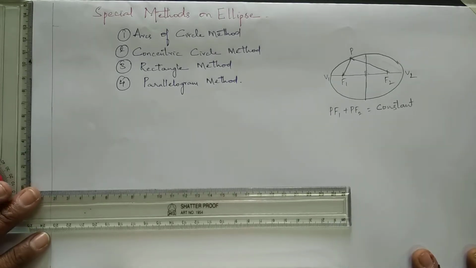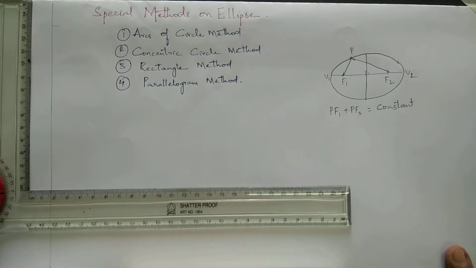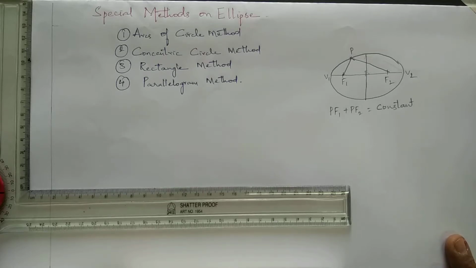It is said that the sum of its distances from the two focus points is equal to a constant. Now in this method we are going to see the construction of the ellipse by using the arcs of circle method.